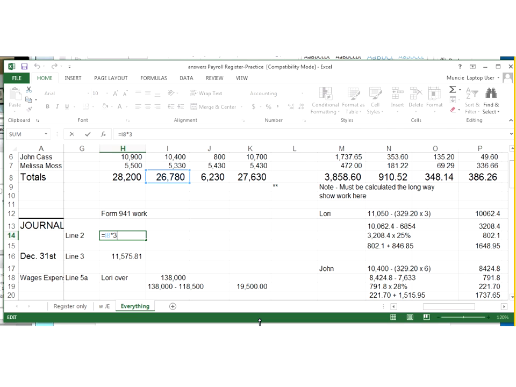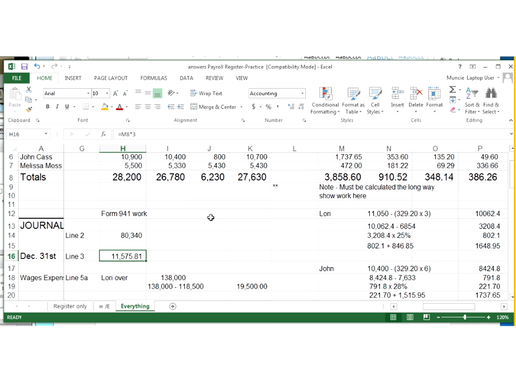That's how much they made in December, and they would have made the same amounts in November and October, unless told otherwise. And I'm going to do the same thing for line 3. If they had $38.58 and 60 cents taken out in December, they would have had the same amounts taken out in October and November unless told otherwise. So simply multiply that number by 3.